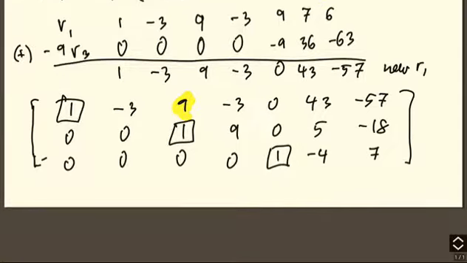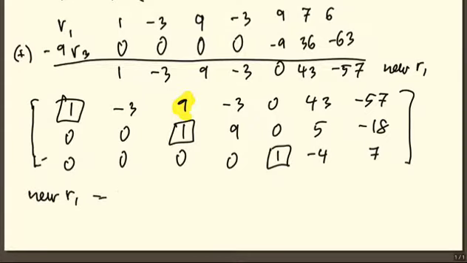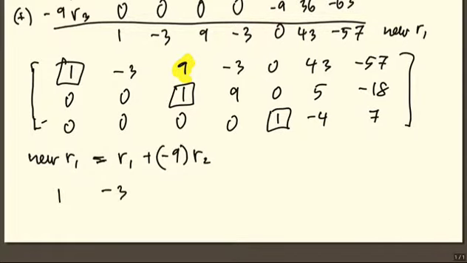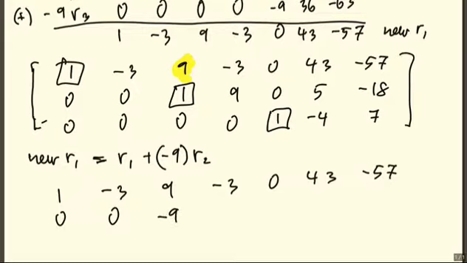So for that we have new row 1 as row 1 plus minus 9 row 2, which means 1, minus 3, 9, minus 3, 0, 43, minus 57, and 0, 0, minus 9, minus 81, 0, minus 45, and this is plus 162.